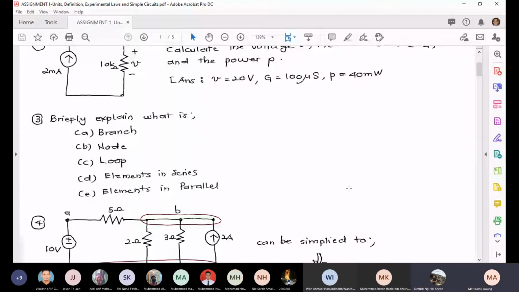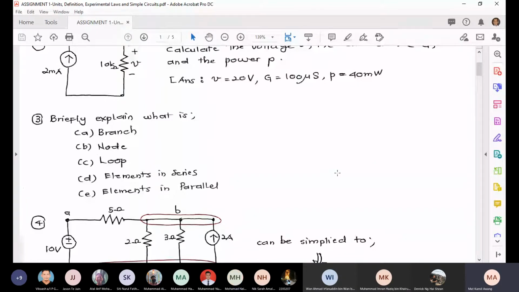Elements in series are connected in such a way that the current flowing from one element to another element, basically all of the current, 100% of the current, flows from one element to the other. Check your notes. Okay, sir. So number 3.